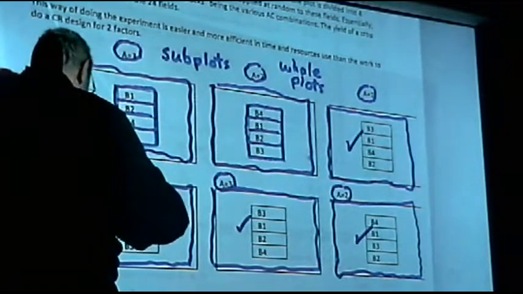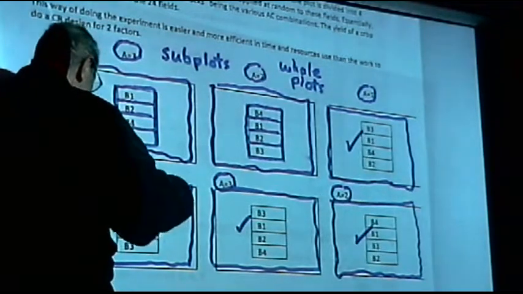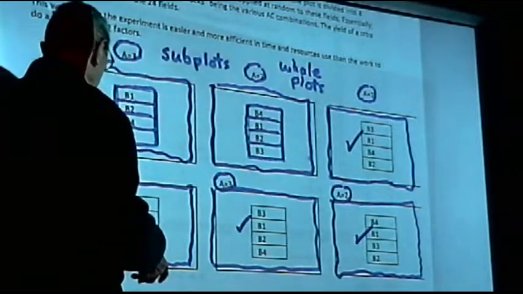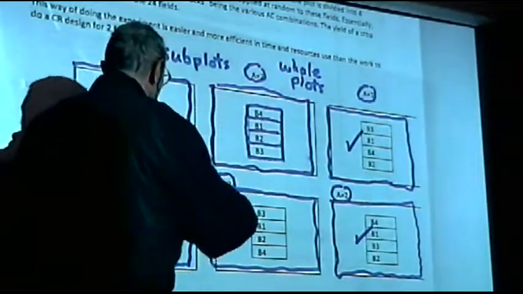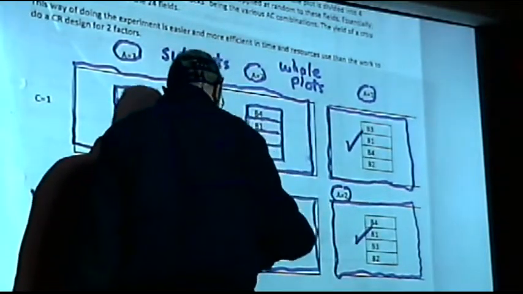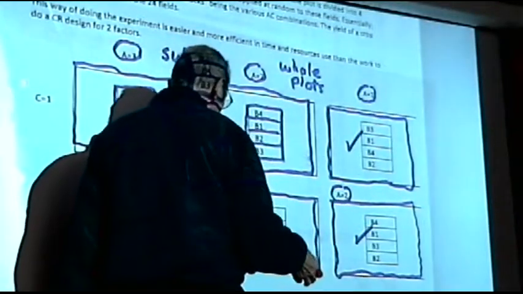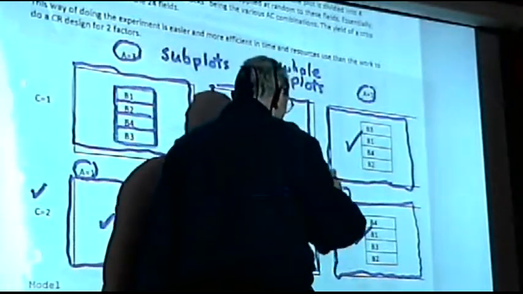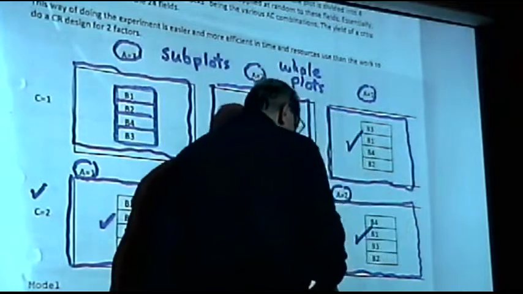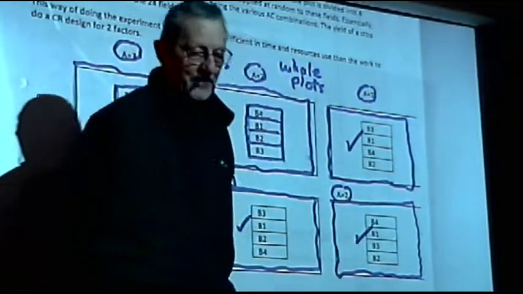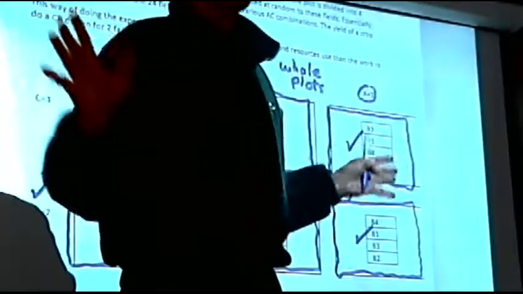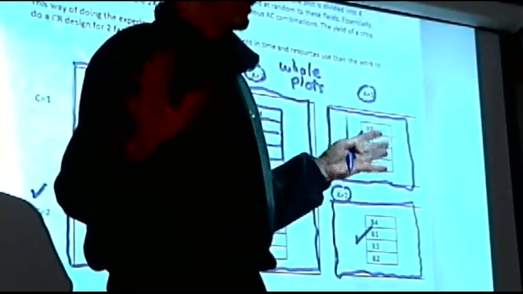Then he's got to stop the tractor, reset the machine, change the type of fertilizer, whatever it is in the machine, and he comes over here and he does this big plot of land. And he stops the tractor and he resets the stuff, and then he starts over again and does this one over here. Now, the idea is that for the farmer to be efficient, it's easy for him or her to do a big piece of land all at once.